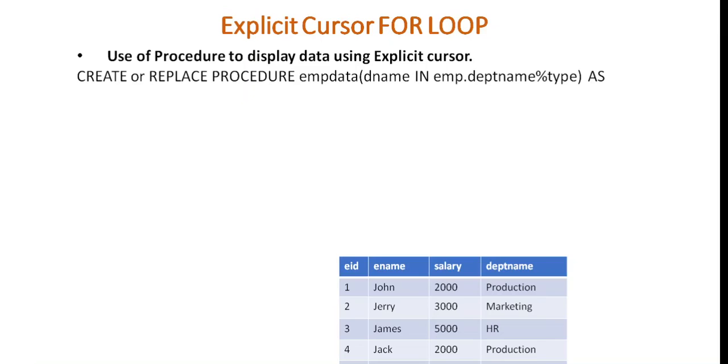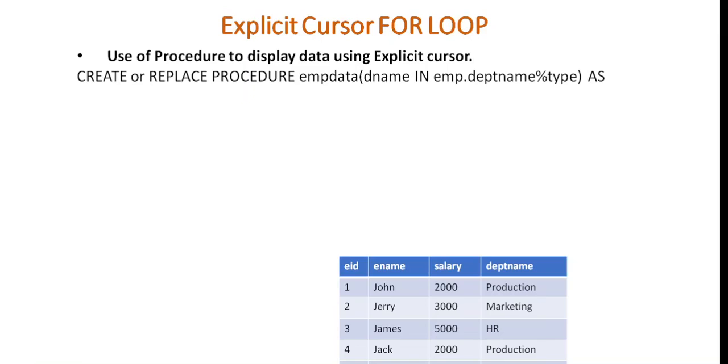Okay, now here this EMP data procedure receives one parameter, D name, that is department name, and which is of type IN. It is an input type of parameter, and the data type of this D name is emp.dept name %TYPE.